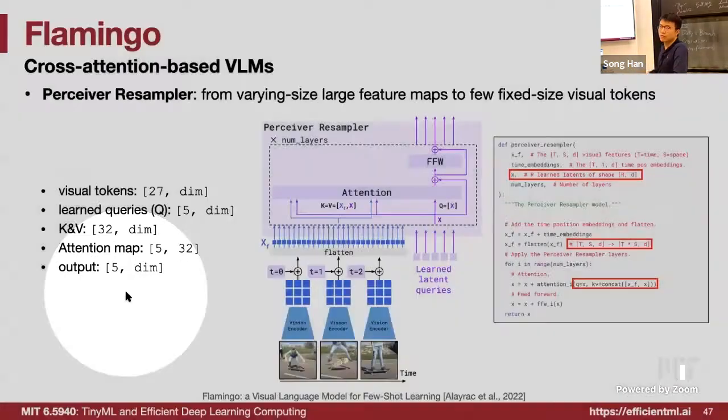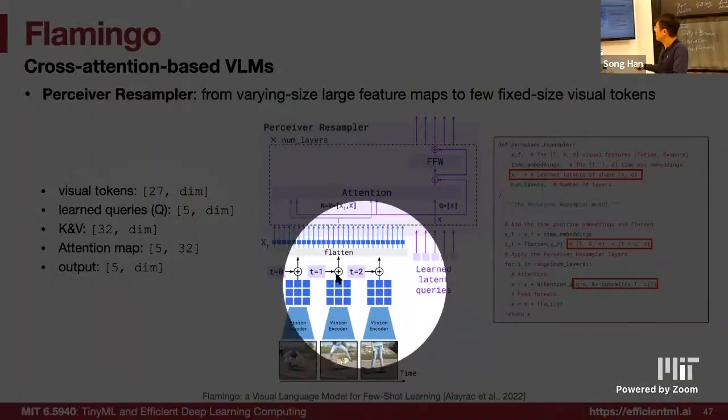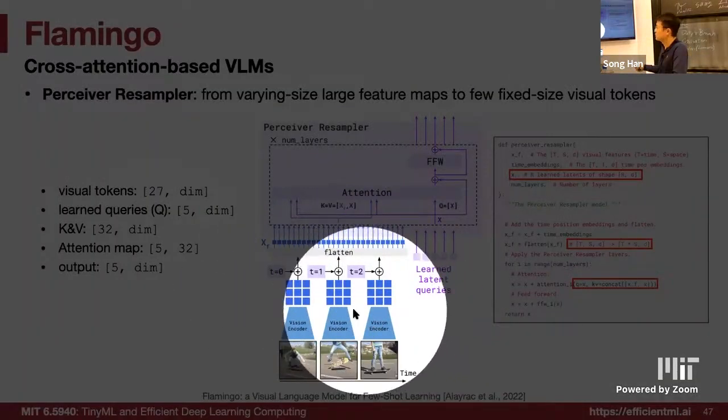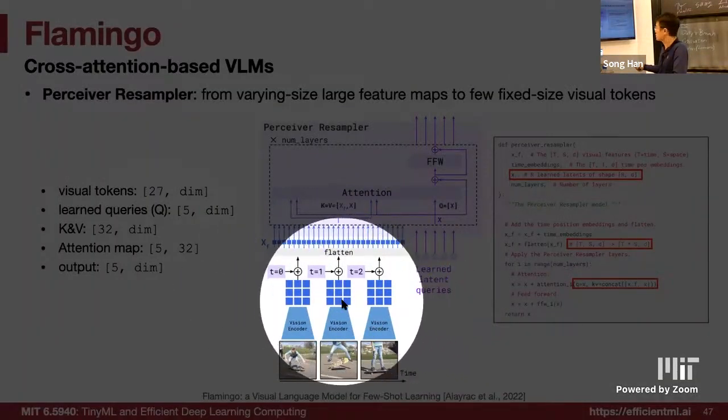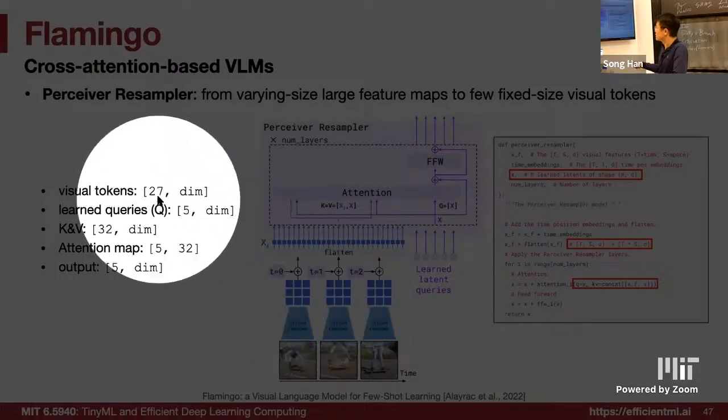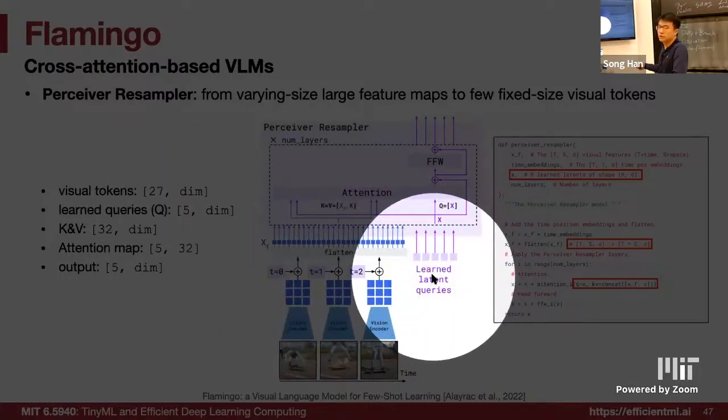Okay, so what we find here is that we cast this variable length of input image tokens, since the video can be very long, can be very short. It's uncertain, it's 27 or something, but the learned query token is a fixed size of 5.